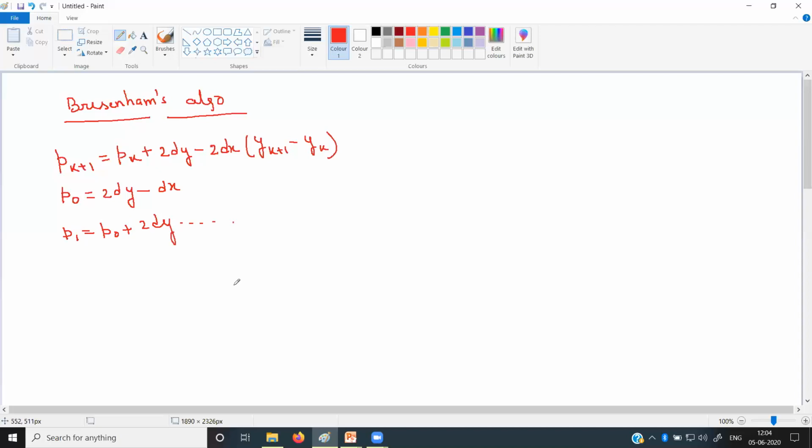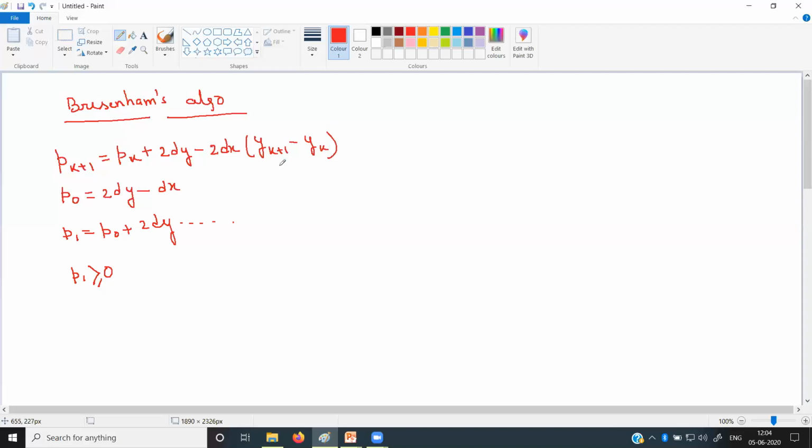Now in the next iteration, you will check whether P1 is greater than or equal to 0. Greater than or equal to 0 means the actual Y value is very close to yk plus 1.